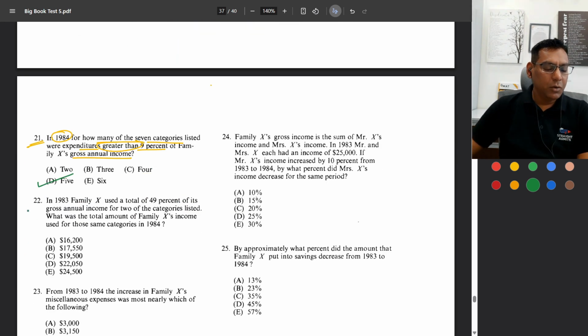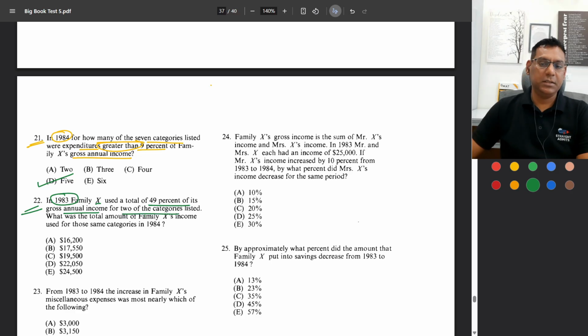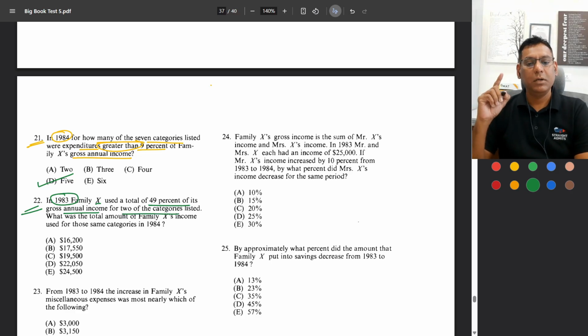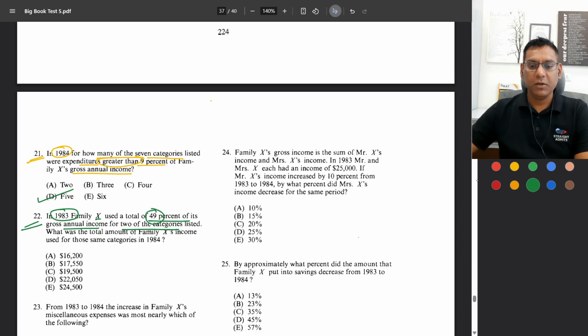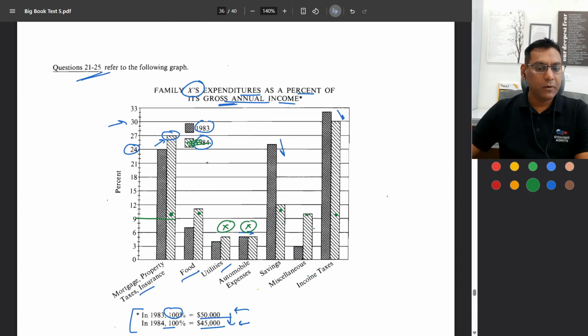Question 22. In 1983, family X used a total of 49% of his gross annual income for 2 categories. So for 2 categories, the total is 49%. What are those 2 categories? Can we figure out?